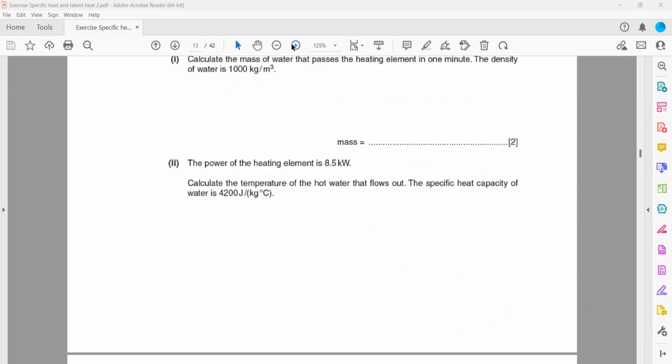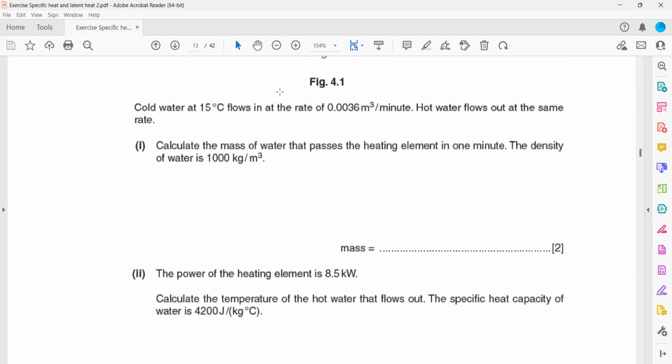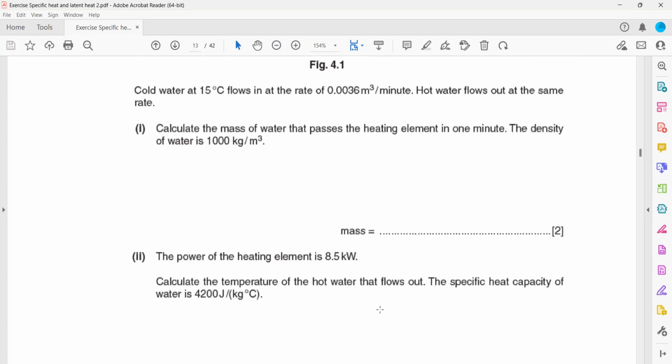The next part, the power is given, which is 8.5 kilowatts. 8.5 kilowatt means 8.5 times 10 to the power 3, or 8,500 joules of energy per second. So we have the power.